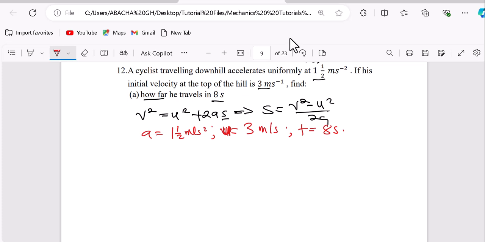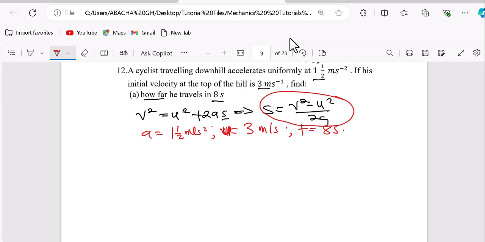Well, we don't have the final velocity, so it will be difficult to use this particular formula here because we don't have v, we only have u. So what do we do?